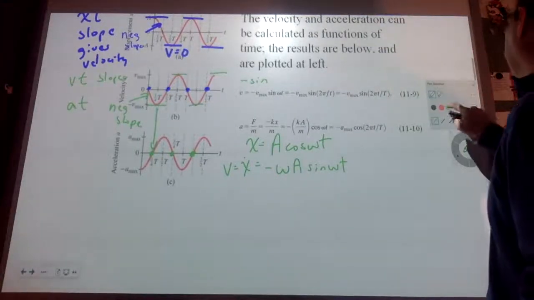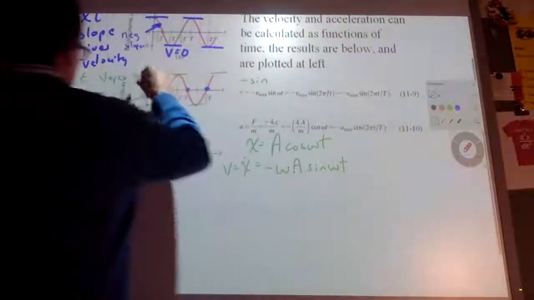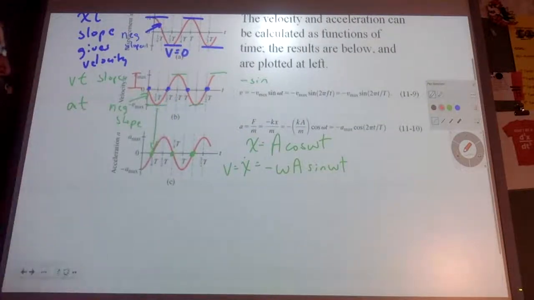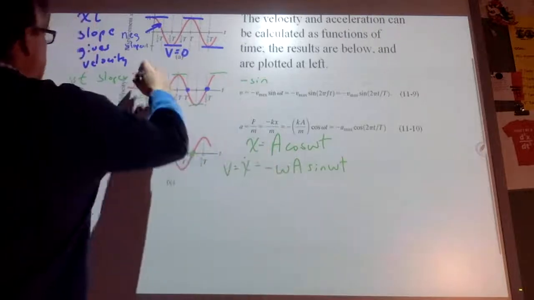So this amplitude, v max, is omega times A.